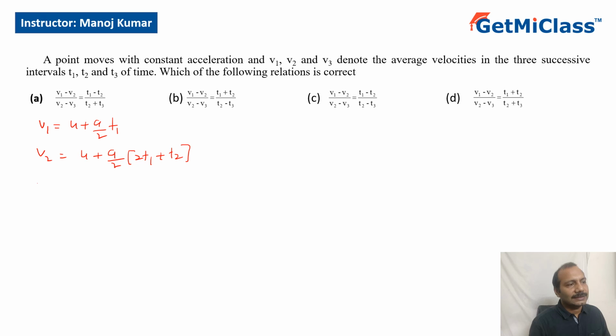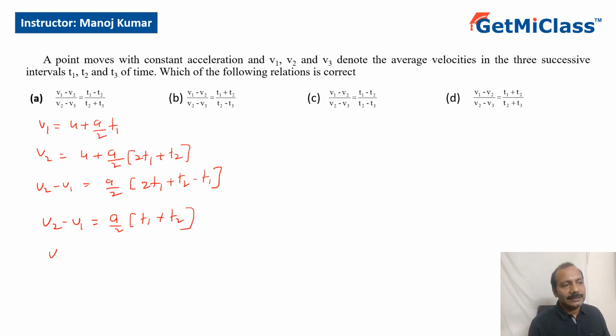So what is V2 minus V1 from this? U cancels. A by 2, if I take out common, I'll be left with 2T1 plus T2 minus T1, or I'll get V2 minus V1 equal to A by 2 into T1 plus T2.